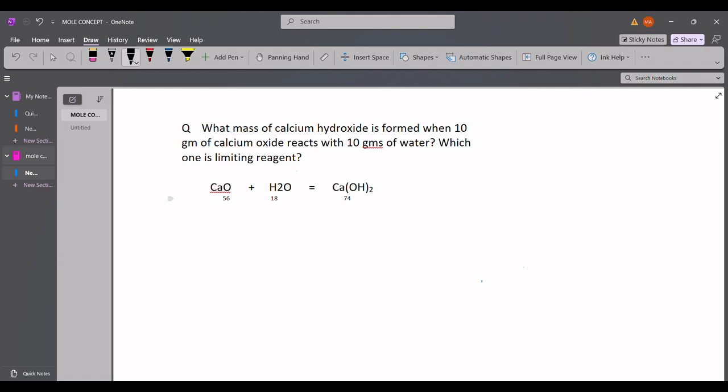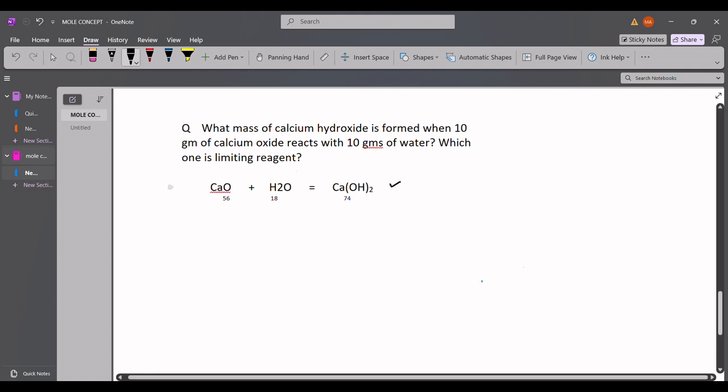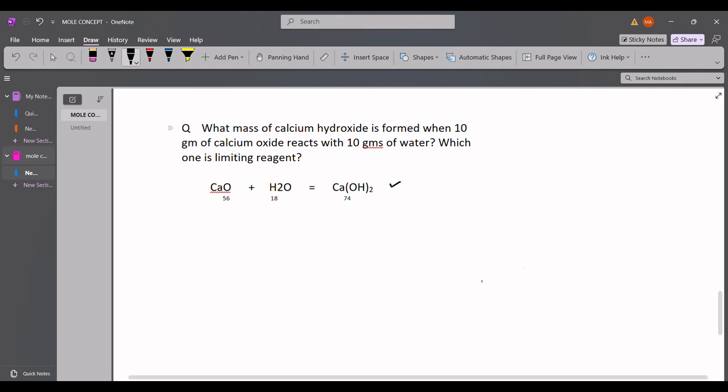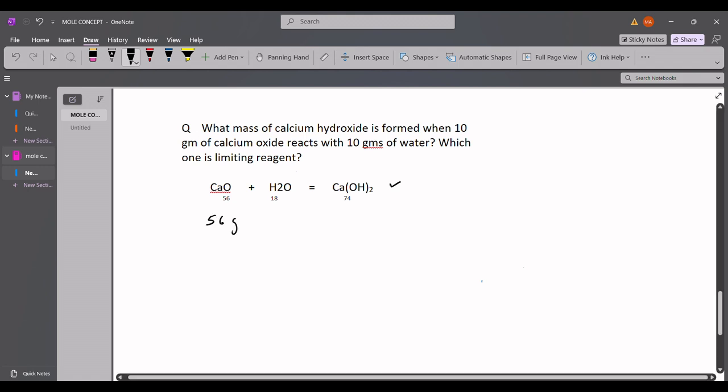So what is the first step? By balancing, we see whether it is balanced or not. Calcium 1, oxygen 2, hydrogen 2, so it is balanced, right? Now the next question is, which is the limiting agent? For this we have to see that when 56 grams of calcium oxide reacts, it needs 18 grams of water.